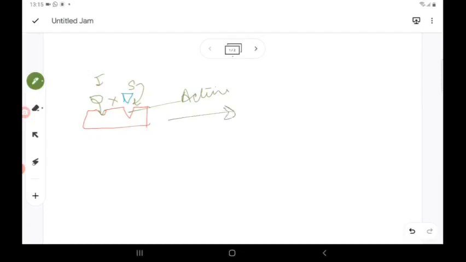So the enzyme substrate complex will not form, and the product will not be formed. This is the other kind of inhibition, known as non-competitive inhibition.